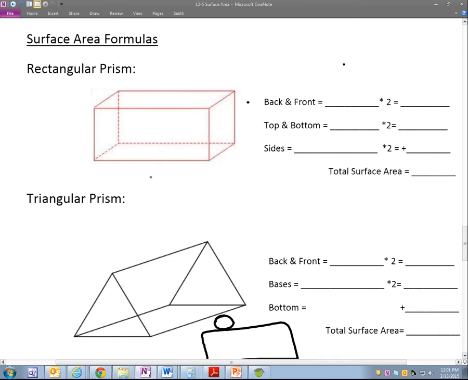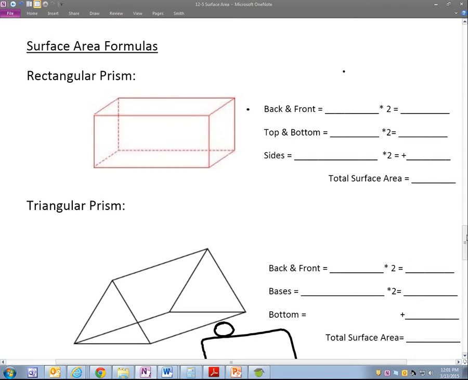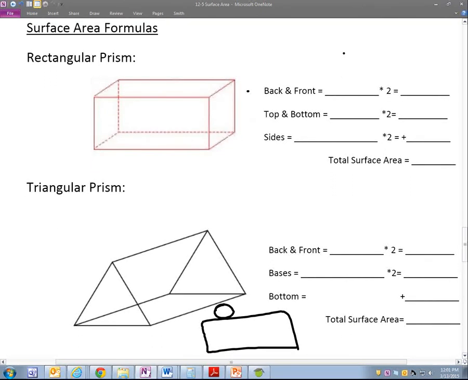So then we have this one. We have the front and the back times 2, which is just going to be the length times the width. So it's going to be length times width times 2. Bottom and top is going to be length times width times 2. The sides are also going to be length times width times 2.